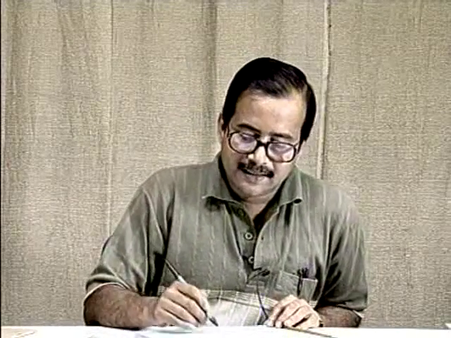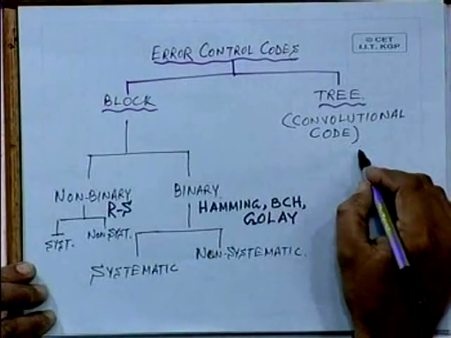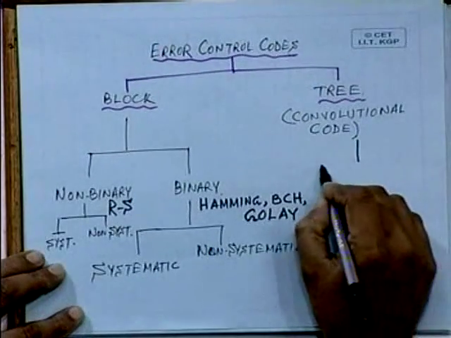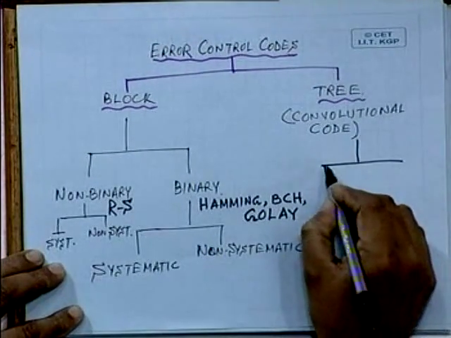Under the tree category, again as I said last time, codes may be binary and non-binary. However, most of the popular codes are binary in nature, and the code may be systematic or non-systematic. Let me indicate the systematic and non-systematic portion only.